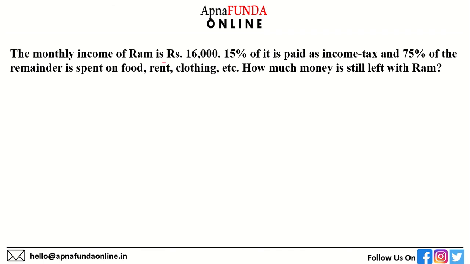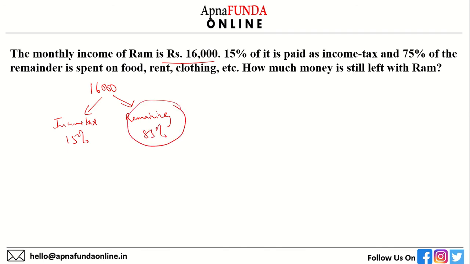His monthly income is 16,000, which is already given. 15% is paid as income tax, and then there is a remainder of 85%. And of the remaining 85%, 75% is spent on food, rent, clothing.